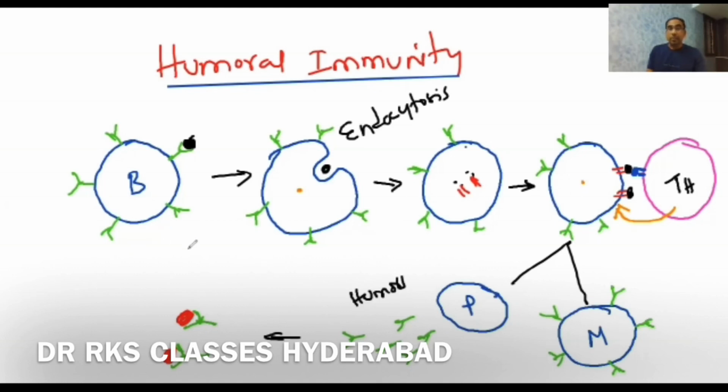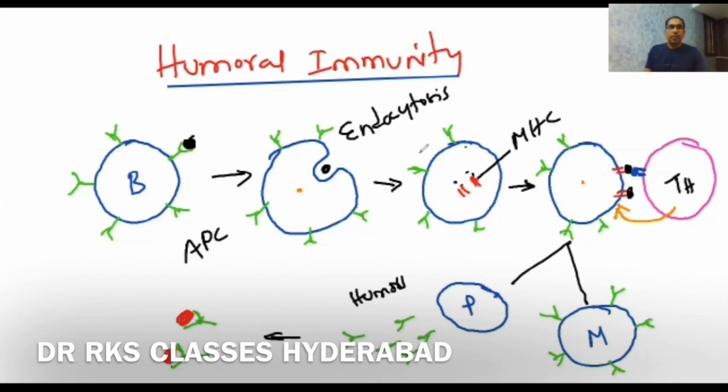Remember, here the B cell acts as an antigen presenting cell. It engulfs the antigen, digests the antigen, and processes the antigen, and the processed antigenic peptide generally attaches to MHC. What is MHC? Major histocompatibility complex.